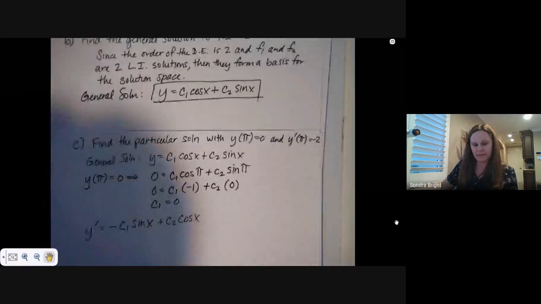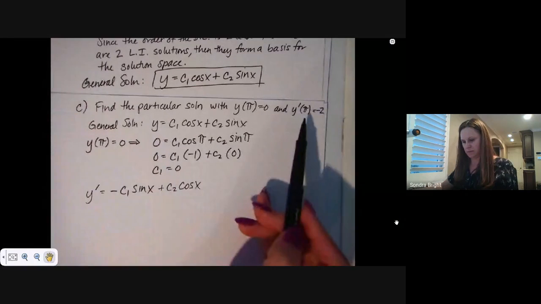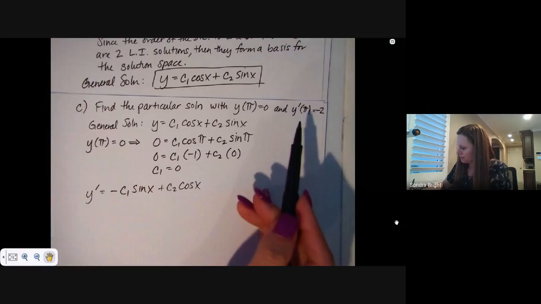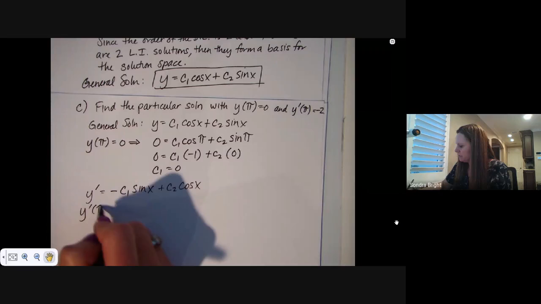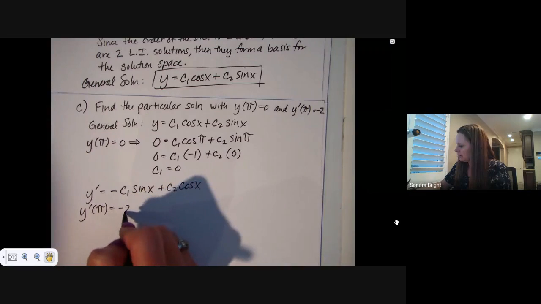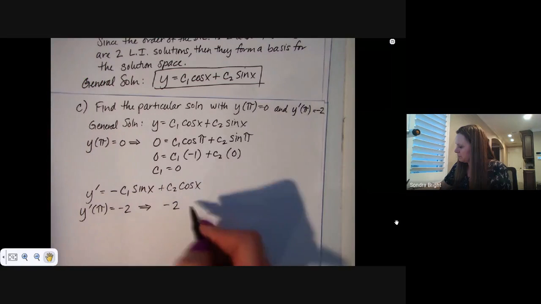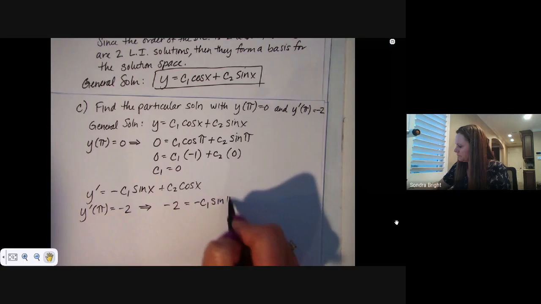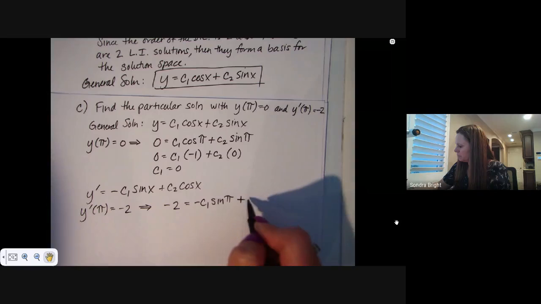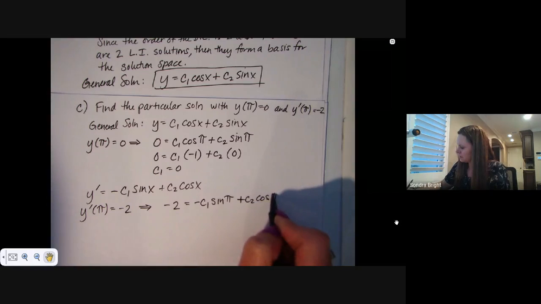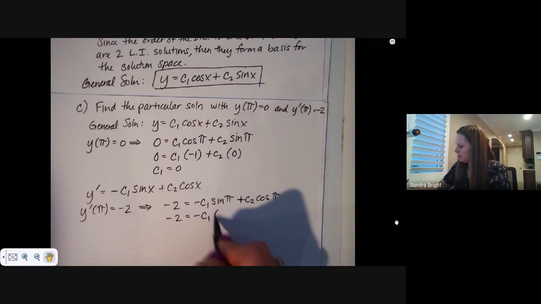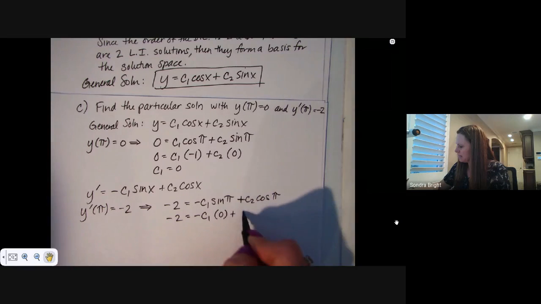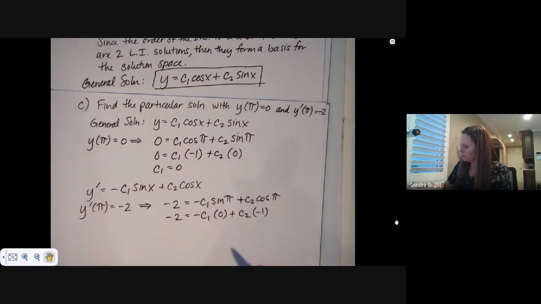We're going to plug in this specific value they gave us. So y prime of pi was equal to -2, meaning I'm plugging a -2 into y prime and pi into x. So I got -2 equals negative c1 times 0 plus c2 times negative 1. Well, that wipes out the first term.